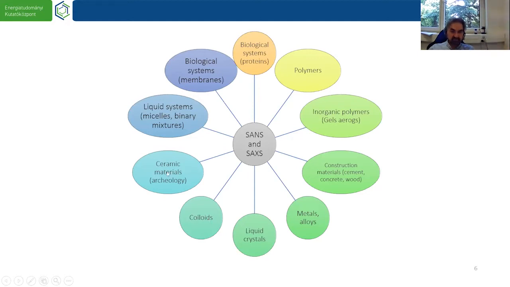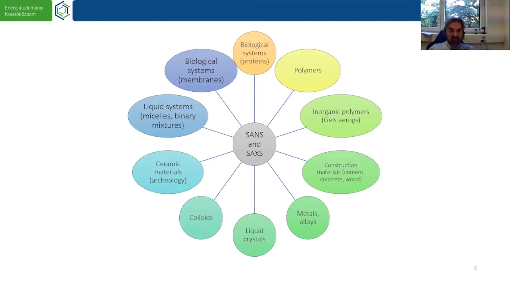Ceramics are a recent direction nowadays, where people who work in archaeology try to identify either the origin of the artifacts or the way they were processed. Small angle scattering in particular can give some information about these methods of processing or parameters of processing of the ceramics.